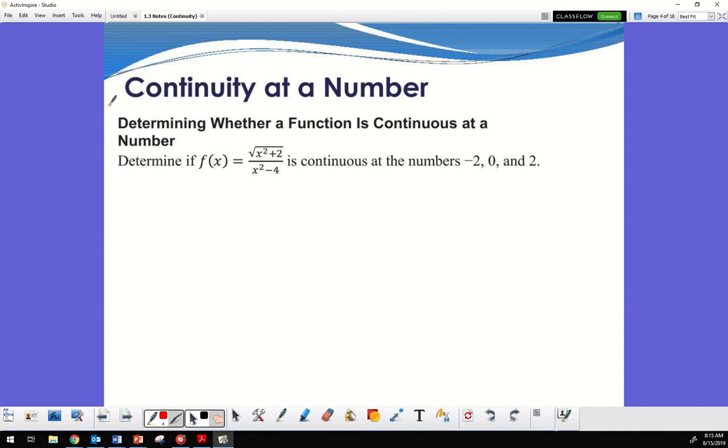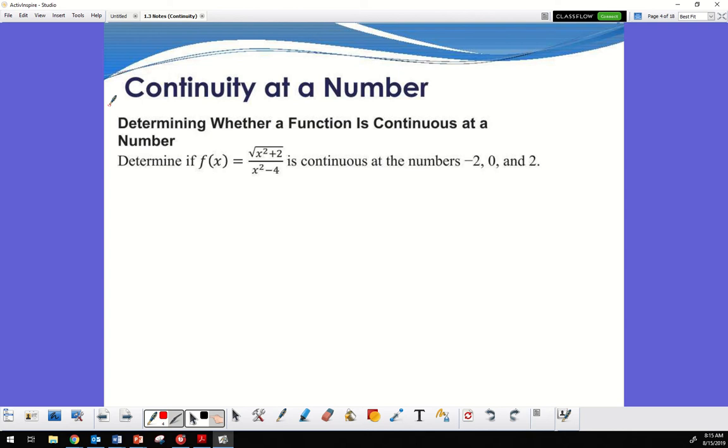All right, now, can continuity add a number? That means, is the function going to be continuous at a specific number? The function might be discontinuous everywhere. There might be all kinds of spots in which it's not going to be continuous. One example of that would be a reciprocal trig function, like cosecant.